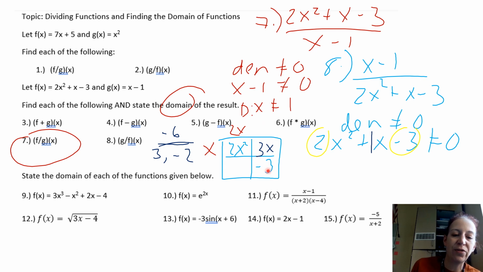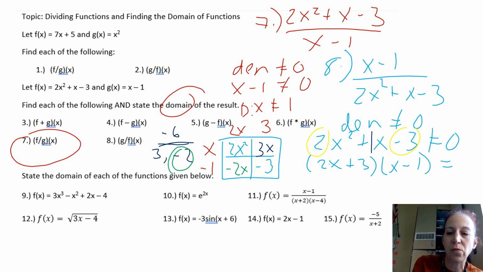Well, that would be a 3. So we'd have a 3 right here. And then last one, what times 3 gives you negative 3? That would be a negative 1. And then as a check, you can do 2x times negative 1 to get negative 2x, and that matches whichever number I did not pick. So my factors on this are 2x plus 3 and x minus 1.